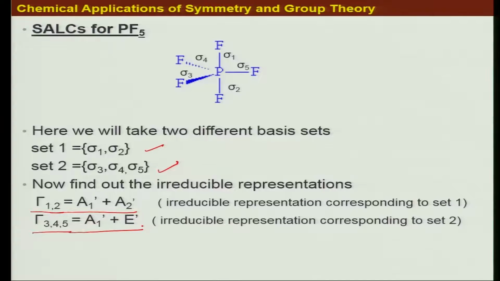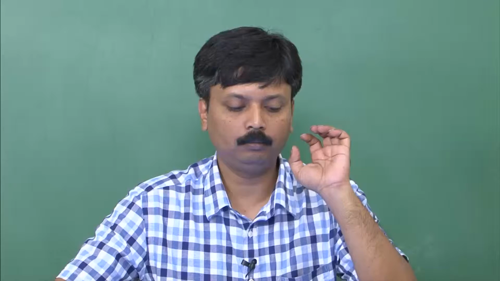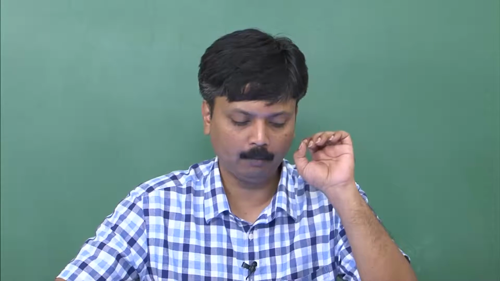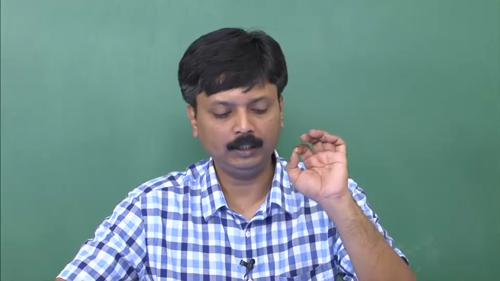All right. So here we have one-dimensional as well as two-dimensional irreducible representations. Now first we have to get the SLCs for one-dimensional representations. So we start applying the projection operators for the particular irreducible representation, that is A1 prime or A2 prime, on the basis function, say sigma 1.